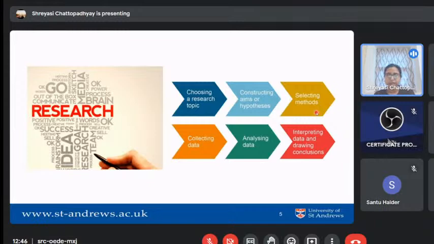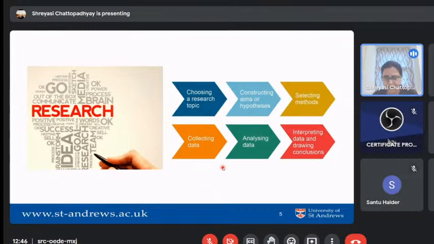Particularly for chemistry, I can tell we choose some methods to prepare some materials, as Dr. Bonappa was also saying about preparing materials, how changing the methods can change the structure, size, and properties of the materials. So depending on the aim, we select some methods to prepare our material. Once we have our material, then we go for characterization of those materials and collect some data.